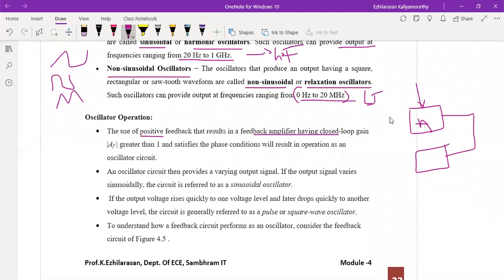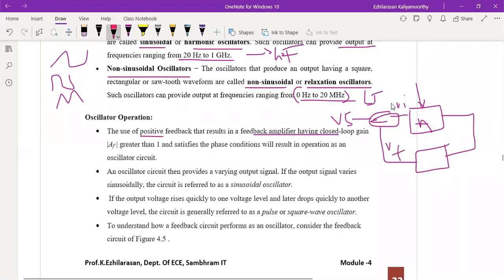This will be your signal source. I hope you remember Vs in the negative feedback amplifier. This is Vi, and this is Vf. This is the complete feedback amplifier.